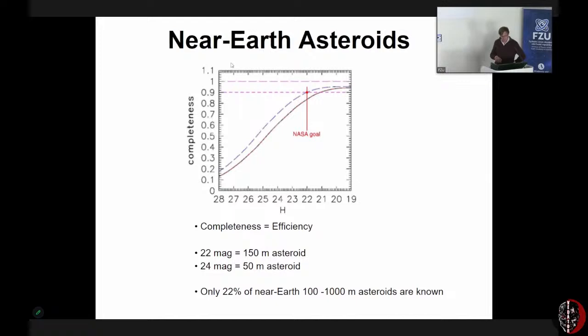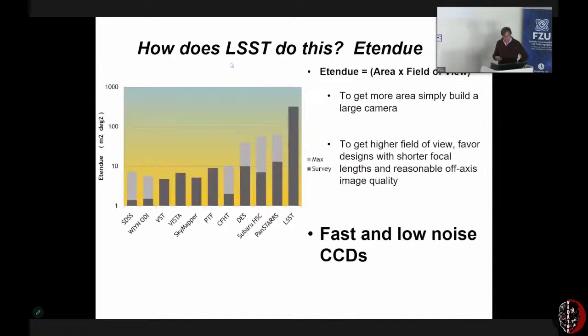Magnitude 22 is a 150 meter asteroid, so the impact would be pretty dramatic, and 24 is 50 meters, etc. Currently only 22% of near-Earth asteroids of similar size are known. So the LSST complies with requirements for these four directions.